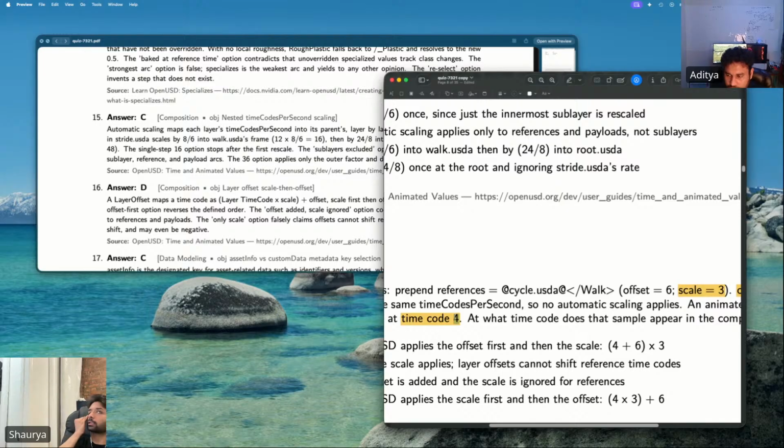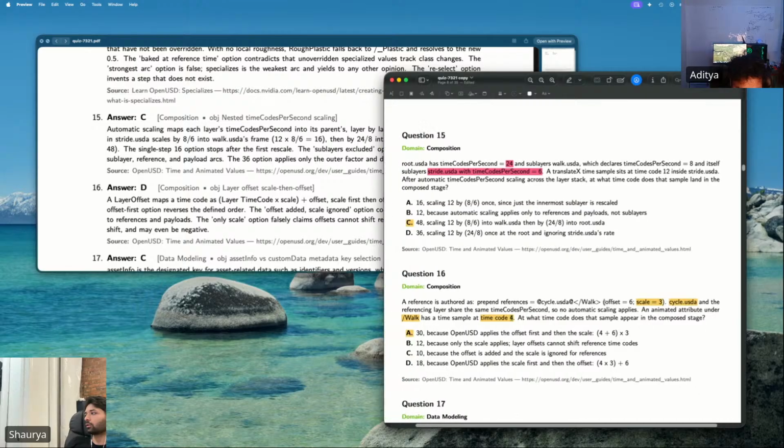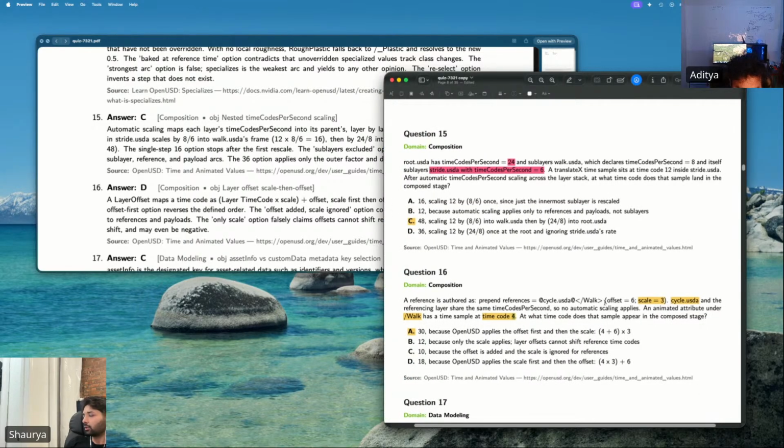And offset means there will be a 6 time unit delay for the thing to appear on the stage. Oh, scale is for timecode, not for the object. It stretches the time samples by 3 times.